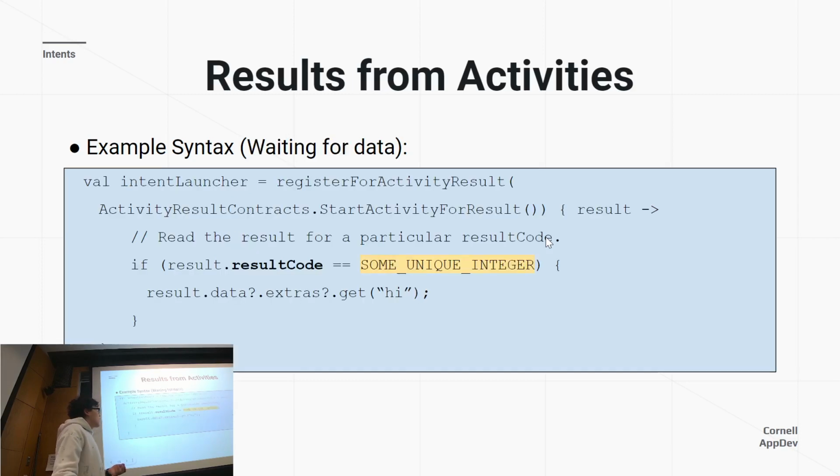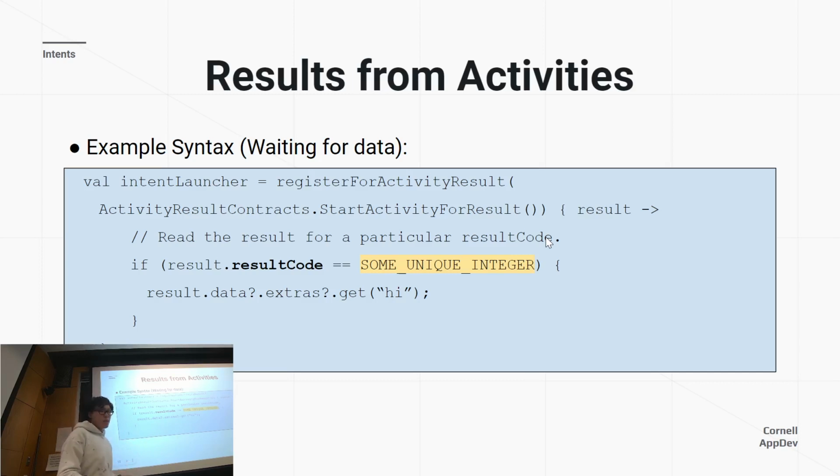The reason why this is incredibly important is because when you are sending back information, there could be many different formats and many different pieces of information that you can send back to the same activity. This unique integer is how you identify what information is getting sent back, so you can parse it properly.